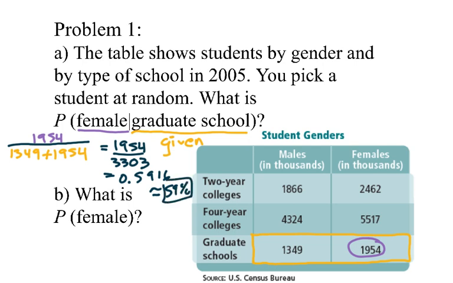Now part B is asking what's the probability that they're female. So here, we're not given anything. We're not limiting our sample space. So we're going to find all females over all students.